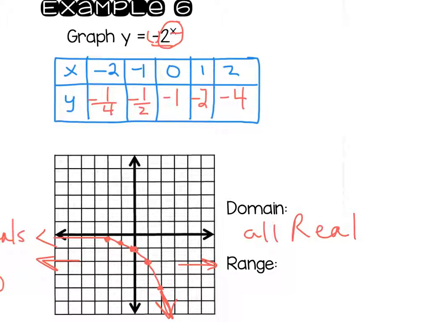But as far as our range, notice that our range goes on in the direction of negative infinity, so we have negative infinity to 0. Or we can say y is less than or equal to 0.